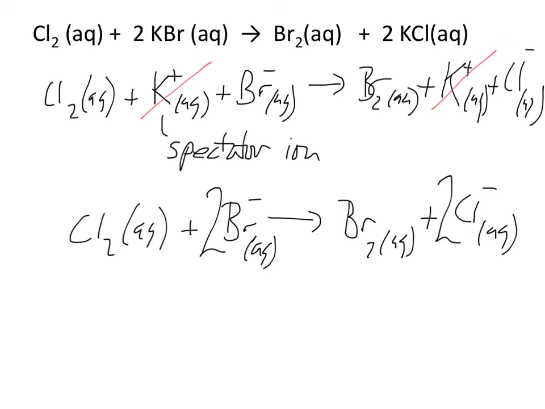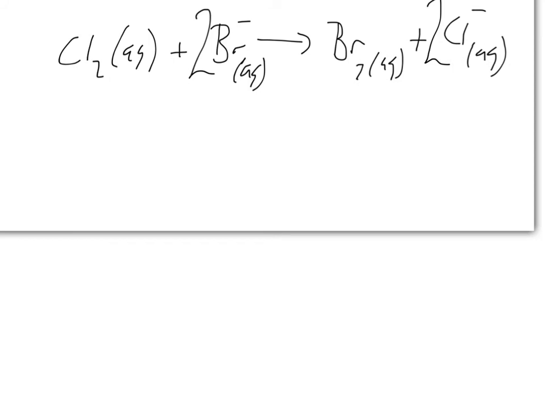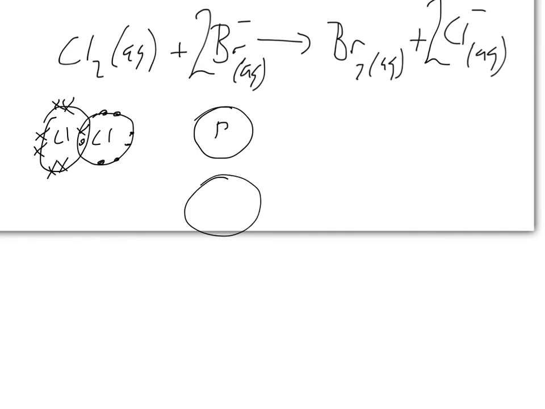Now, exactly what's going on here in terms of the electrons? Well, let me just see if I can move this up a little bit. Here we go. Here's a chlorine molecule. Here's 2 bromide ions. So here's the bromides.